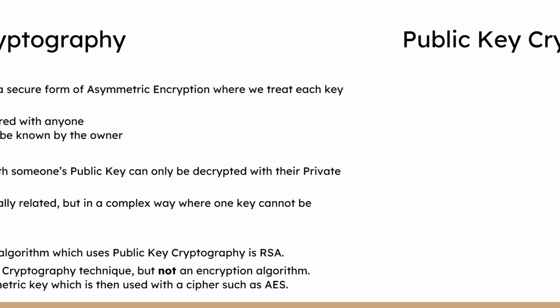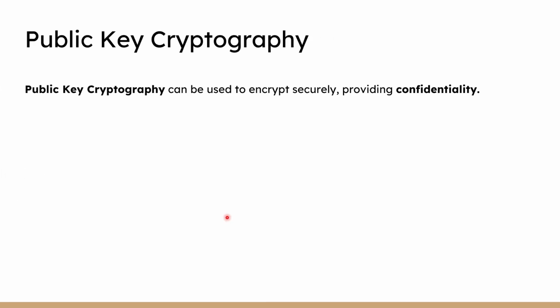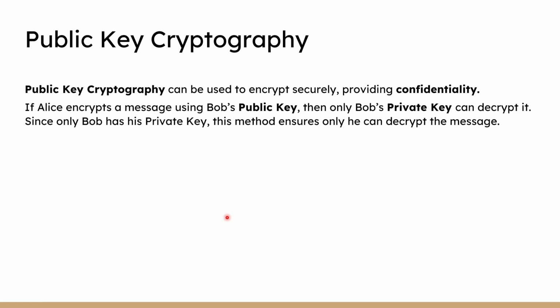So, okay, here's the actual process for encrypting with public key cryptography. You can provide confidentiality, which is goal one of encryption. If Alice wants to send a message to Bob, she'll encrypt it with Bob's public key. That means it can only be decrypted with Bob's private key.